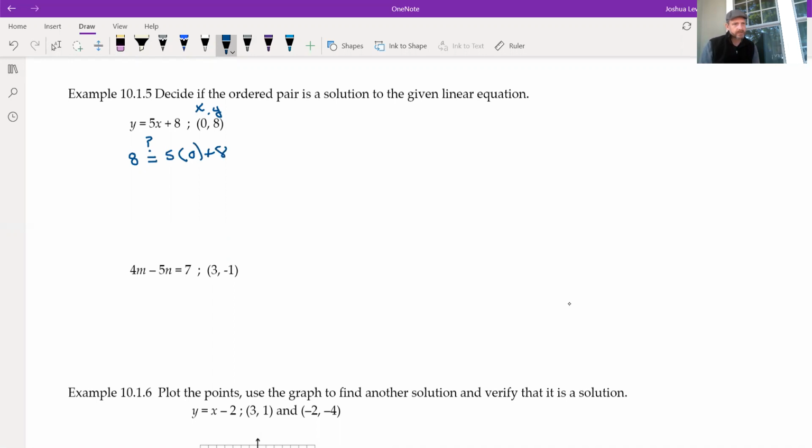Well, this side of the equation stays 8. 5 times 0 is 0. And so when I'm done, I get 8 equals, well, 0 plus 8 is 8. And is 8 equal to 8? Well, of course it is. So yes, (0, 8) is a solution.